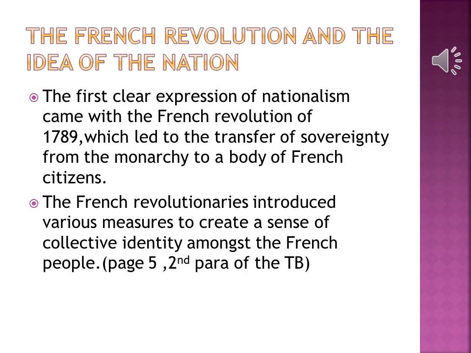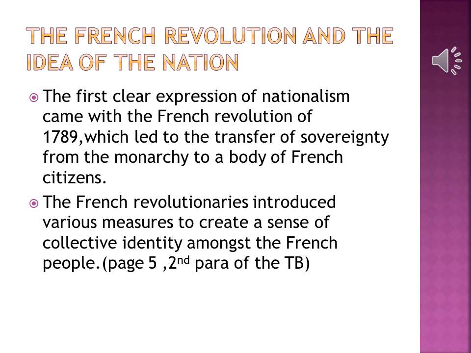That is, by the use of images like Bharat Mata, then revival of folk traditions, making of a flag, and also reinterpretation of history. That was all done to create a common identity among the people, relating them to the nation. Similarly, the French revolutionaries also introduced various measures to create a sense of collective identity amongst the people.